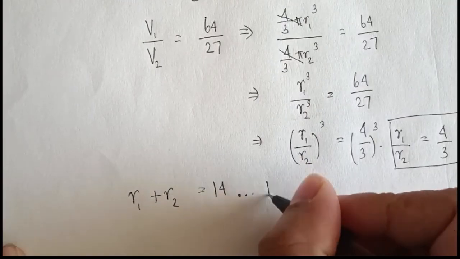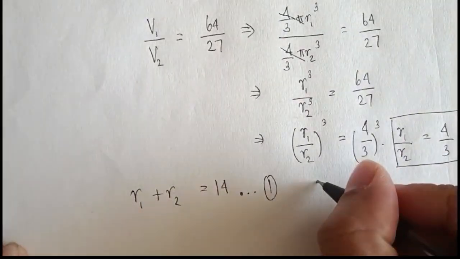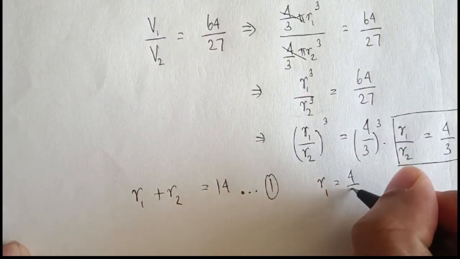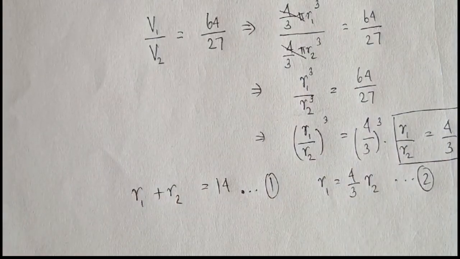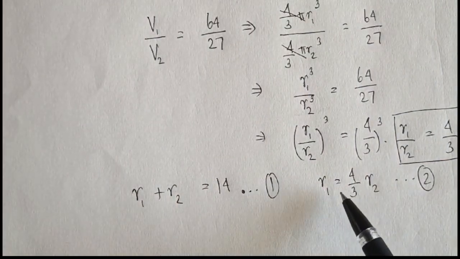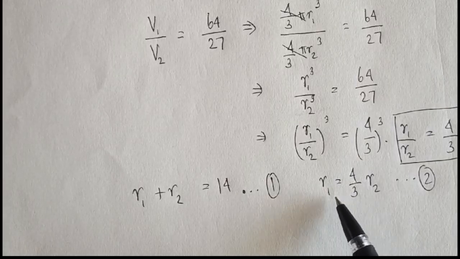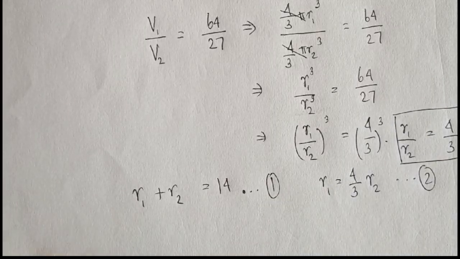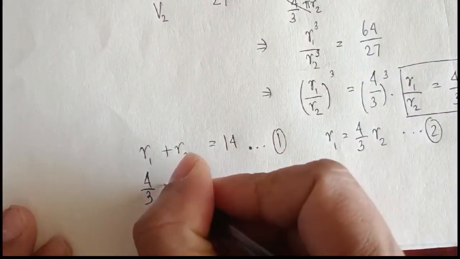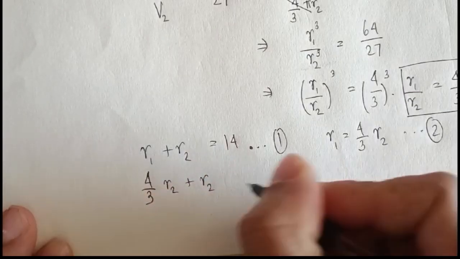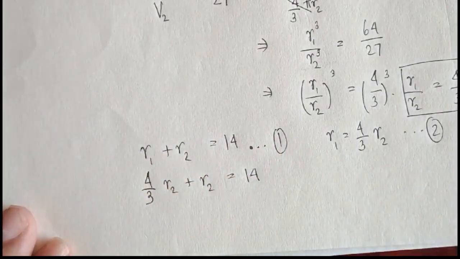So if we call this equation 1, our second equation is R1 is equal to 4 by 3 into R2. This we will call 2. Substituting this for R1 in this equation, we get 4 by 3 R2 plus R2 is equal to 14.